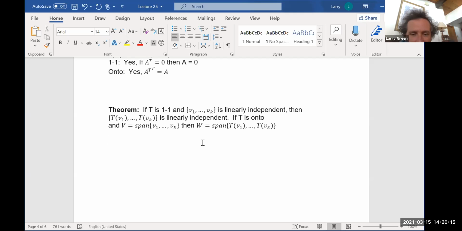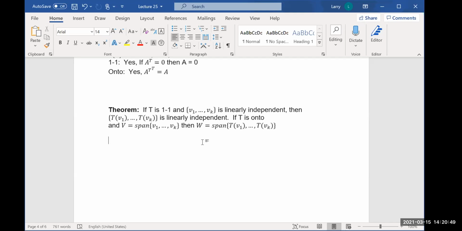And if you have an onto linear transformation, then if you look at V as a span of a bunch of vectors, and then you take the linear transformation of those vectors, then they will span W. Okay, I think what I'll do is I'll prove one of them. Which one do you want to see proven? Onto. Onto it is. Okay, so proof of onto.